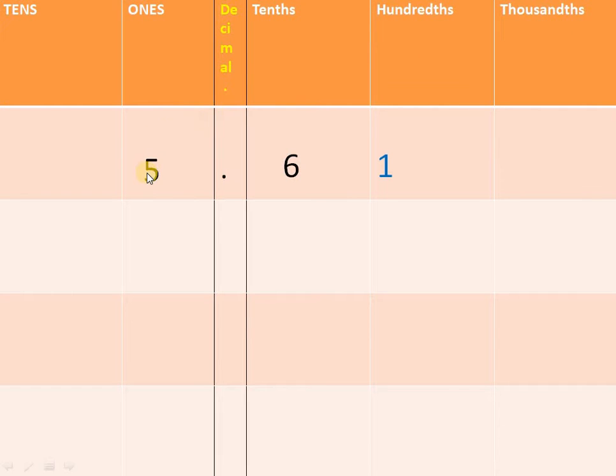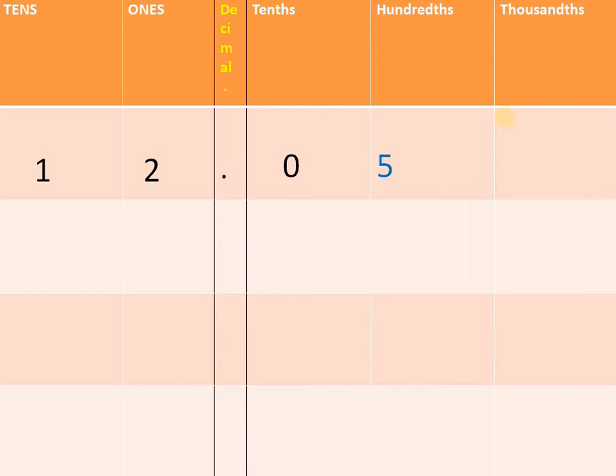Now children, write down 5 at the ones place. You always have to move from left to right. So you write 5 at the ones place, that is the whole part. Then in 0.61, 6 is at tenths and 1 is at the hundredths place. So what is the place value of 1? 1 is equal to 1 hundredth.